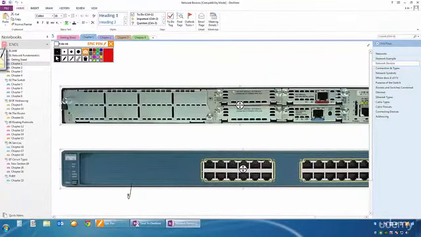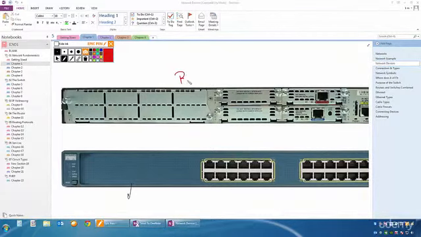So in our world, in the CCNA world, we are going to be focusing on one thing. Routers is one. Switches is the other.